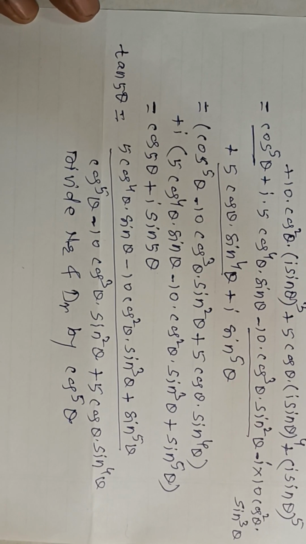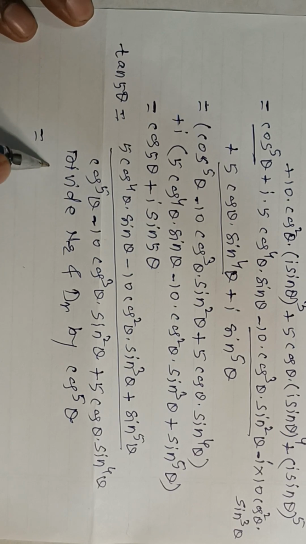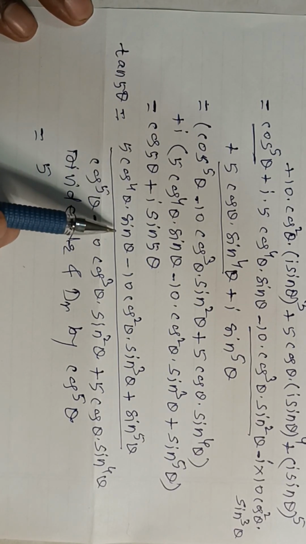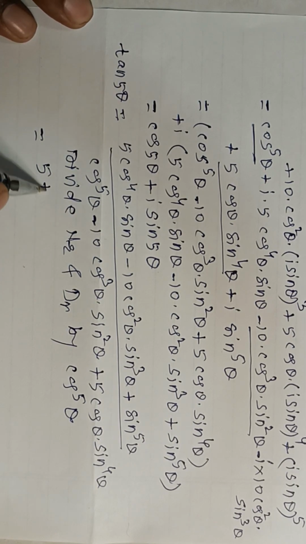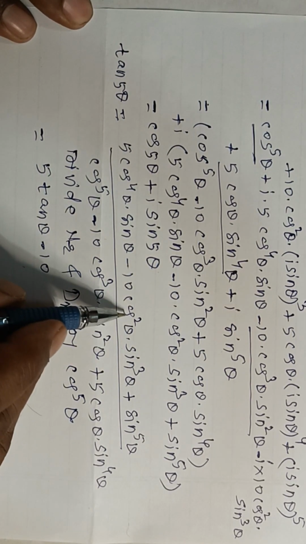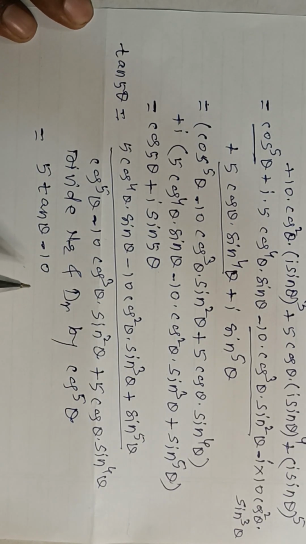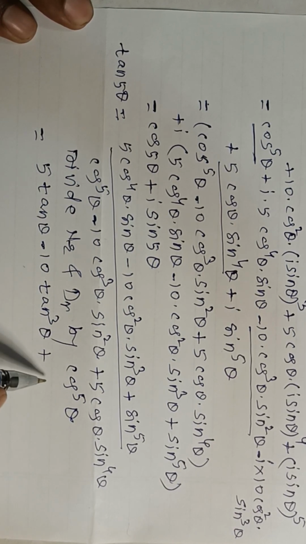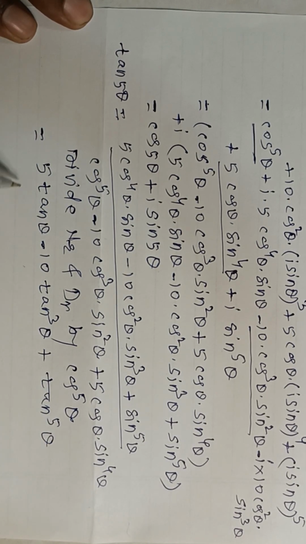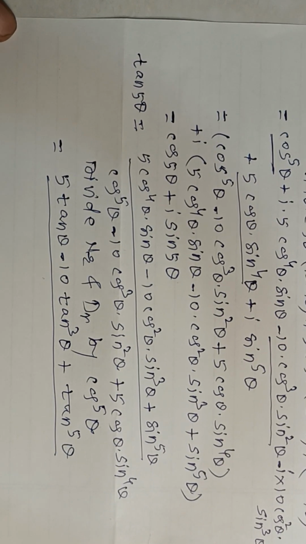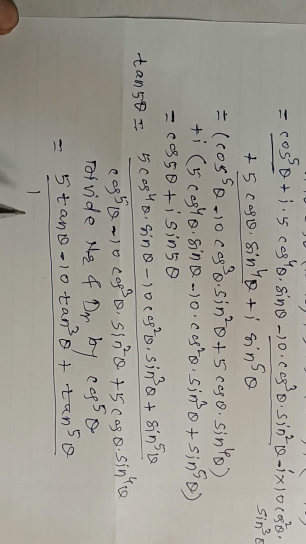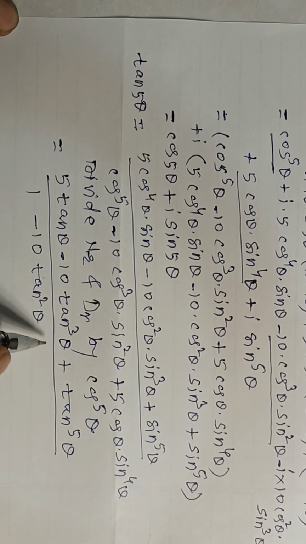Then the answer will be 5 times, in this term cosine is eliminated, sin theta replaced by tan theta, minus 10 times, this cos square theta is eliminated, sin cube theta replaced by tan cube theta, plus fifth power of tan theta, and the whole divided by fifth power of cos theta upon fifth power of cos theta, that is equal to 1, minus 10 times tan square theta, plus 5 times fourth power of tan theta.